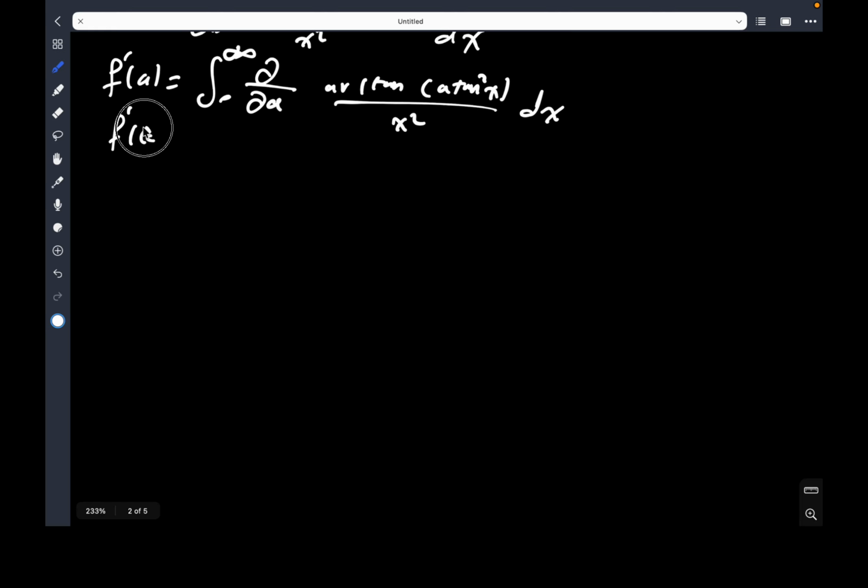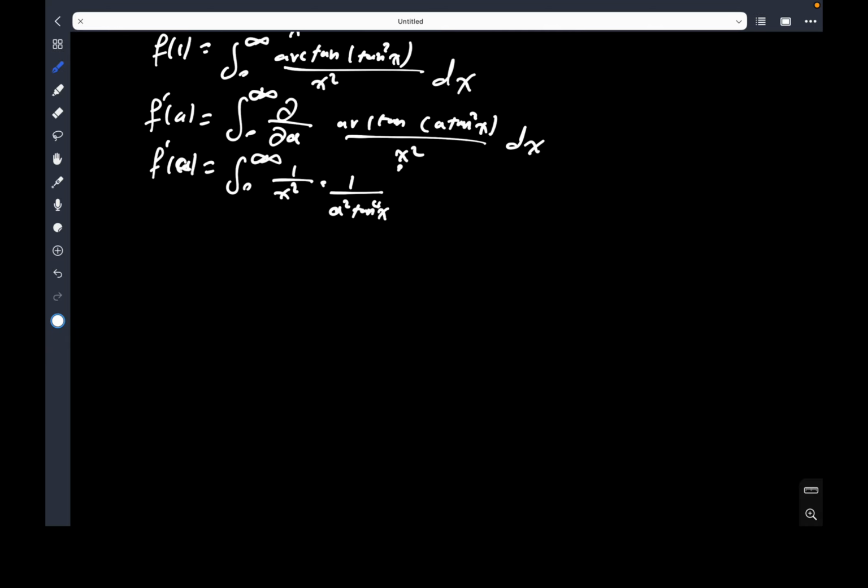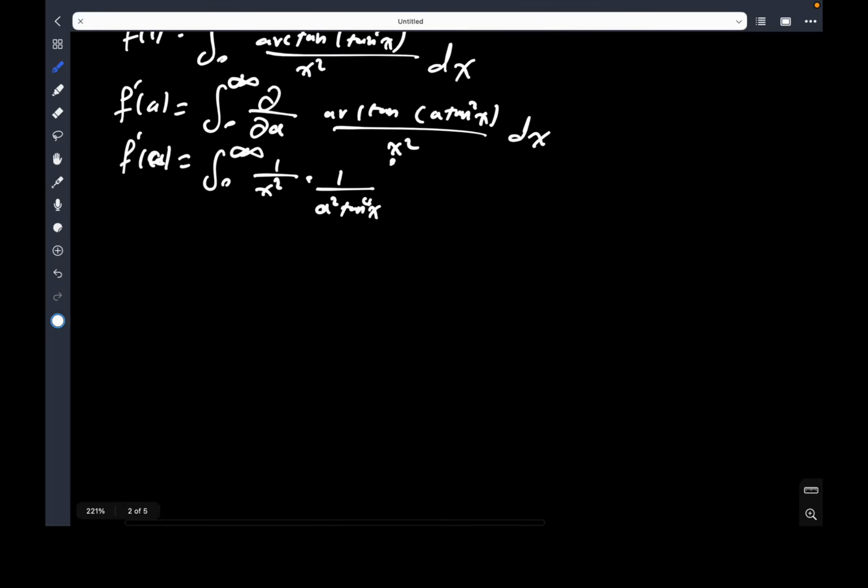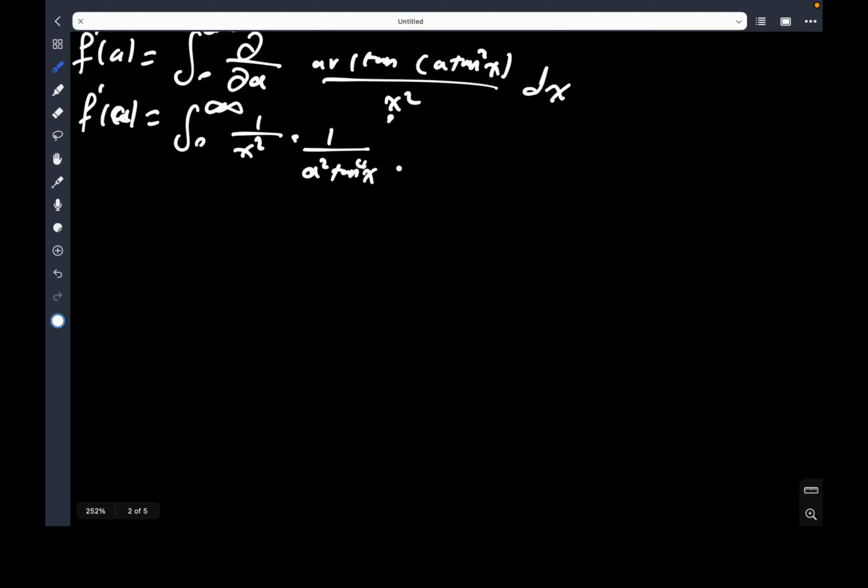Therefore, my f prime of a is going to be the integral from 0 to infinity of 1 over x squared times 1 over a squared tan to the 4x multiplied by tan squared x dx. So this is going to be my integral now.